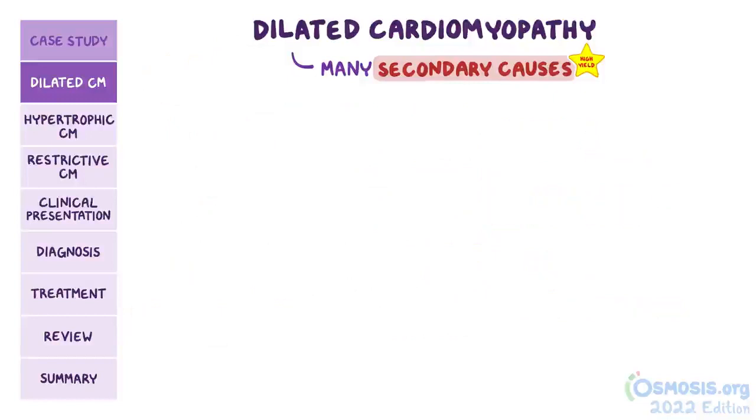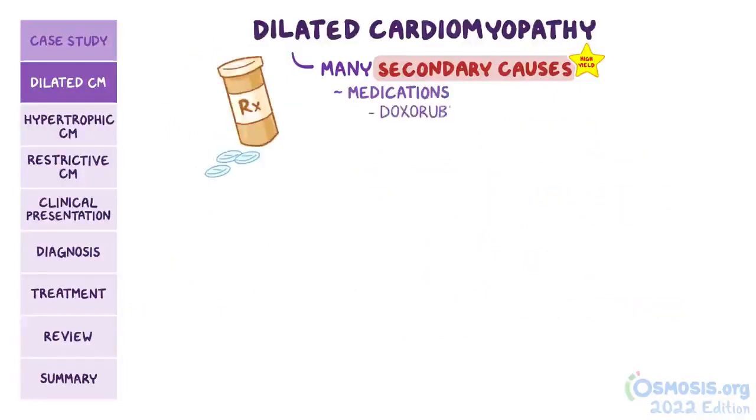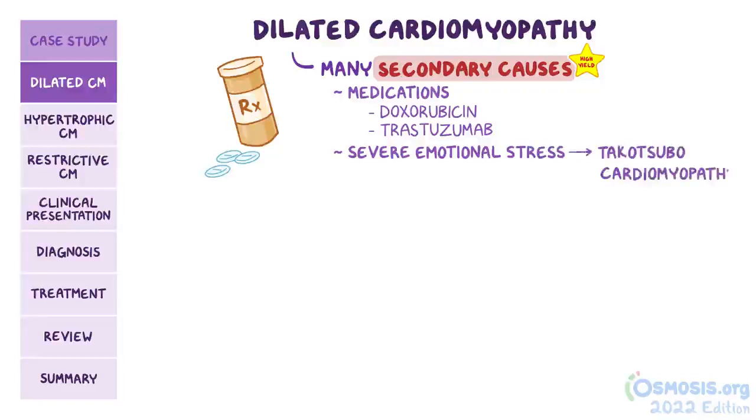Dilated cardiomyopathy can also result as a side effect of some medications like doxorubicin, a chemotherapeutic agent, or trastuzumab, a monoclonal antibody. Even severe emotional stress can cause a form of dilated cardiomyopathy called Takotsubo cardiomyopathy. This is thought to be related to the release of catecholamines, which in large amounts can be toxic to the myocardium.